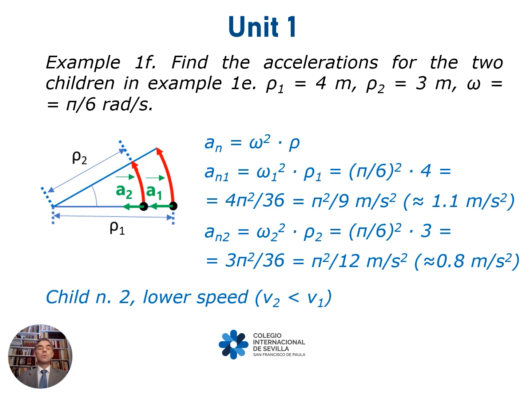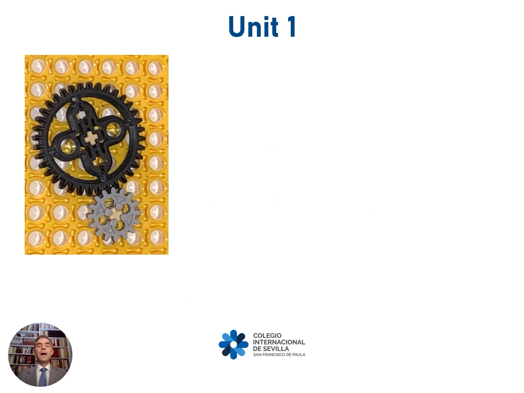Let's now proceed to analyze cogwheels. We have two cogwheels in the image. For the cogwheels to be able to function properly, the cogs, the teeth, need to have the same size, otherwise they cannot fit in each other.